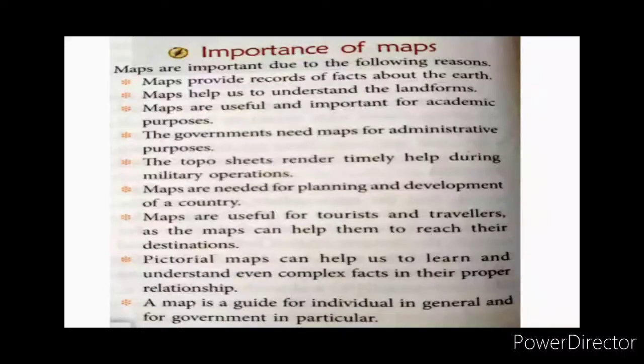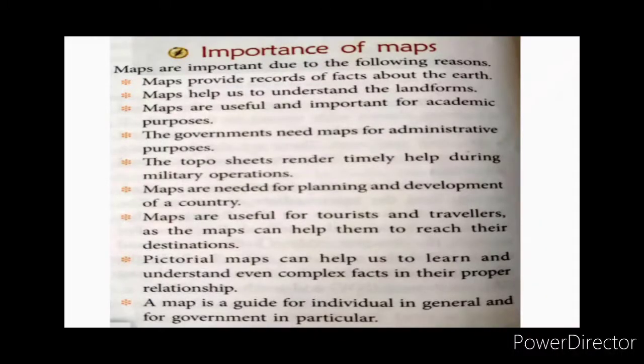Okay, the topo sheets render timely help during military operations. Then maps are needed for planning and development of a country. Maps are useful for tourists and travelers. So if you're new to a particular country, if you're a tourist, and you have a map, you will know where you have to go and you won't get lost.